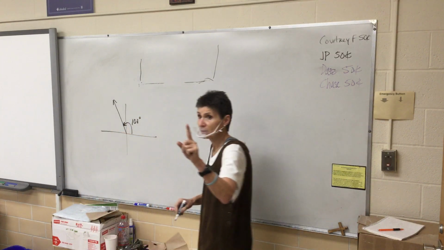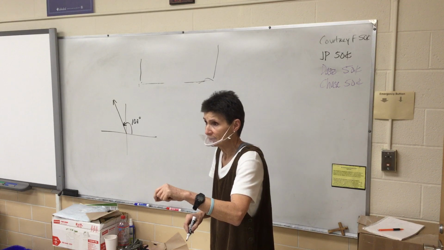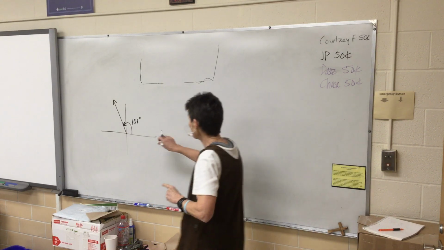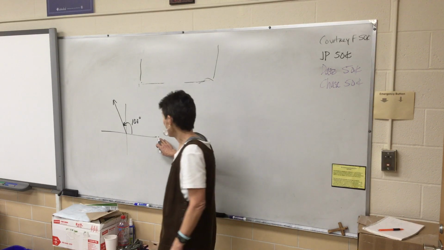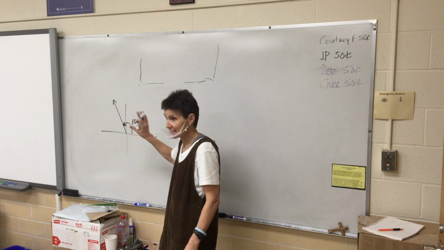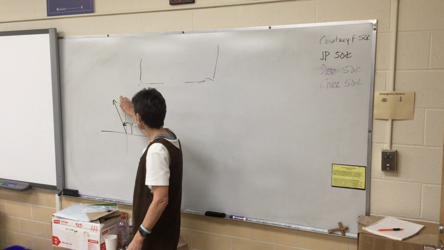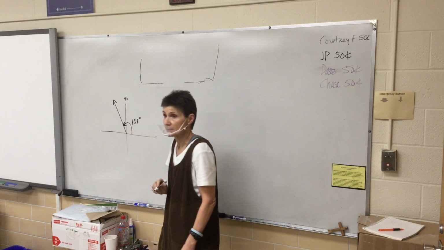Now, remember, unless I'm doing navigation, a ship sailing or something, I'm starting all my angles from here and going counterclockwise. Standard position angles. So 100 degrees is just past 90.